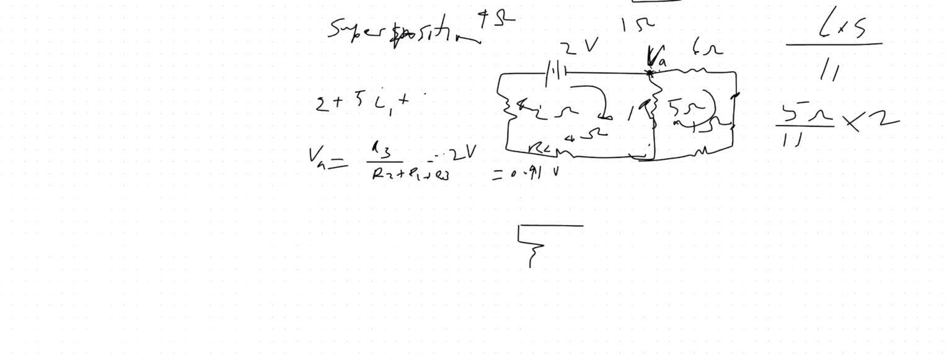Short circuit this 2 volts. This will be VA again. Right? And then this time, you include the 6 ohm and the 60-volt source only. You don't include the 2-volt source.